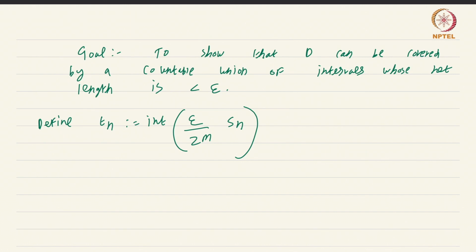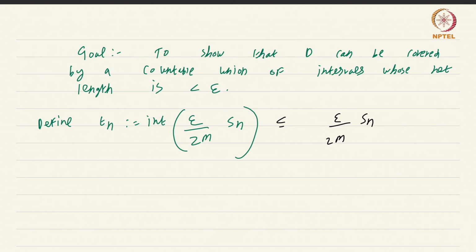Now observe that just by definition this is less than or equal to epsilon by 2m Sn. That's why what I said just makes sense. So the integral of this Tn is going to be quite small. It's going to be less than epsilon by 2 in fact.